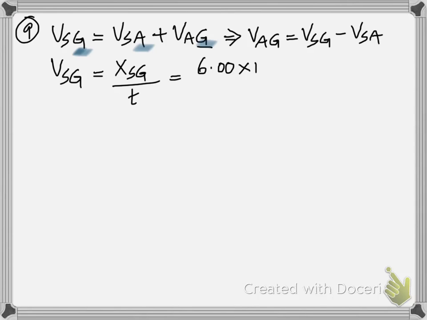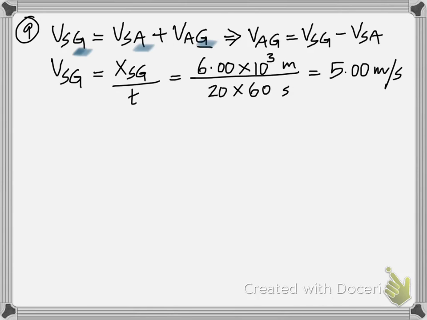Velocity is just displacement by time. It's given as 6 kilometers, which is 6,000 meters, divided by 20 minutes in seconds, and you get 5 meters per second. That is VSG.